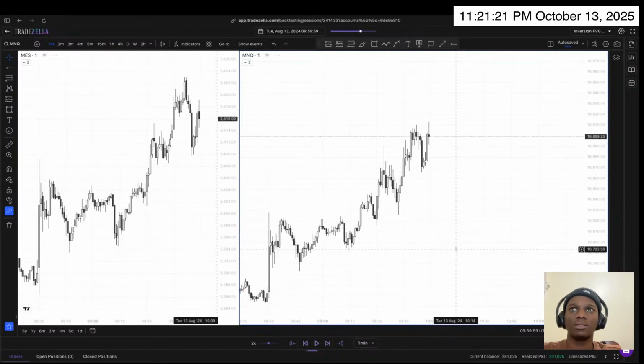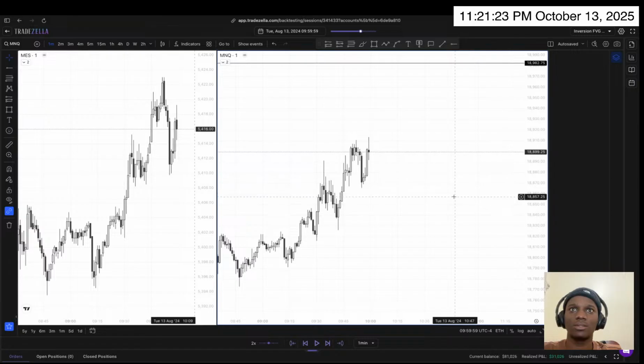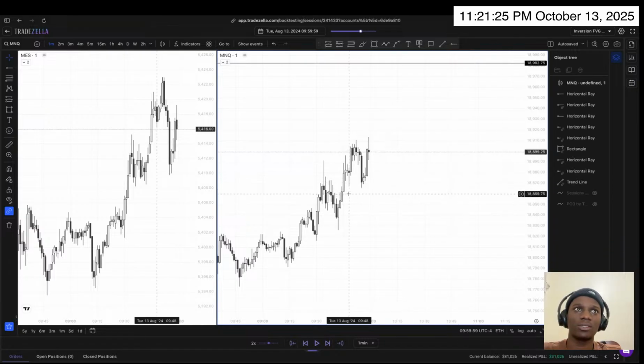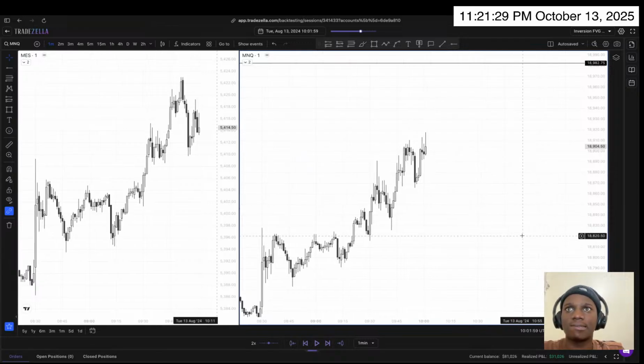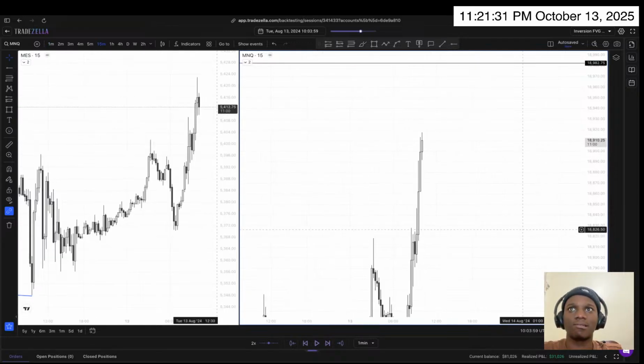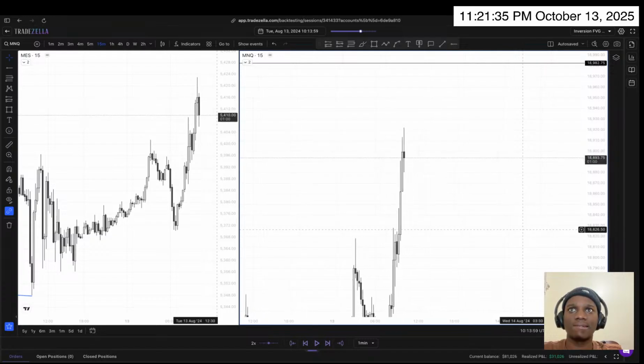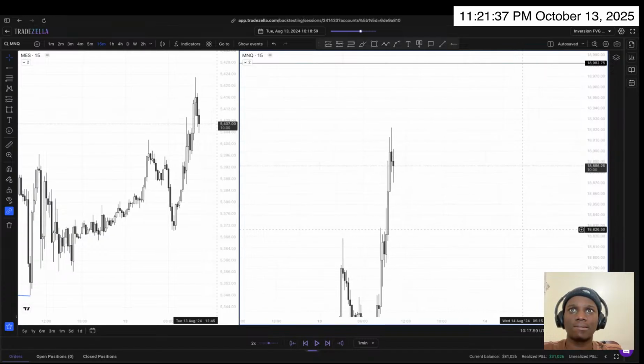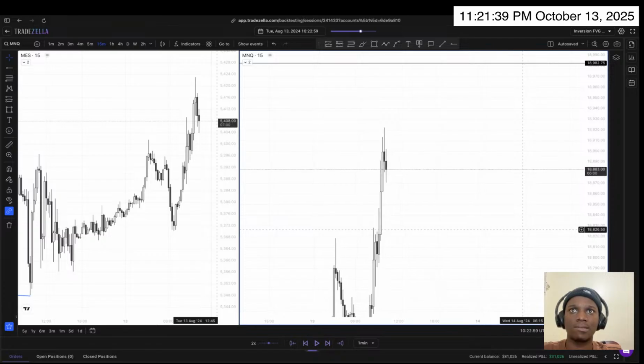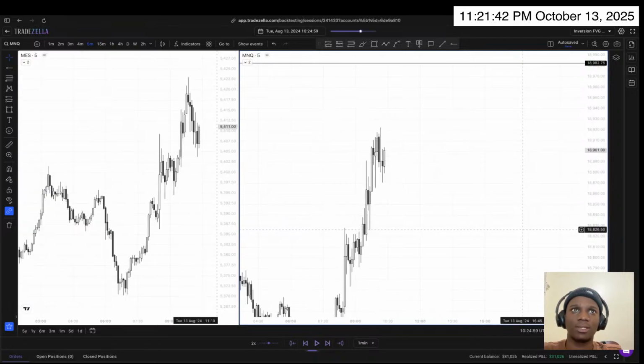Alright, 5 minute retracement into the gap. Let's see from here to here. There's no SMT. I'd like to wait for a 15 minute though. It'd be better. I'm just retracing to the gap already, man.